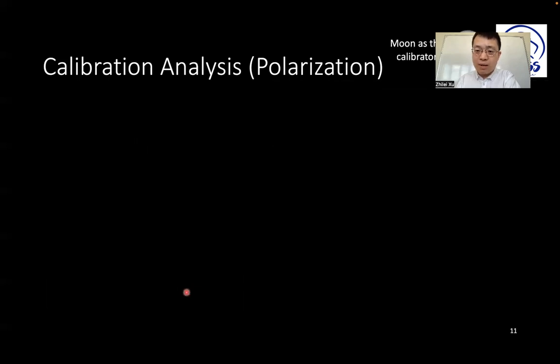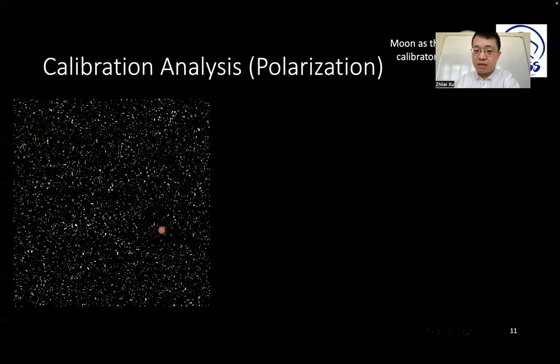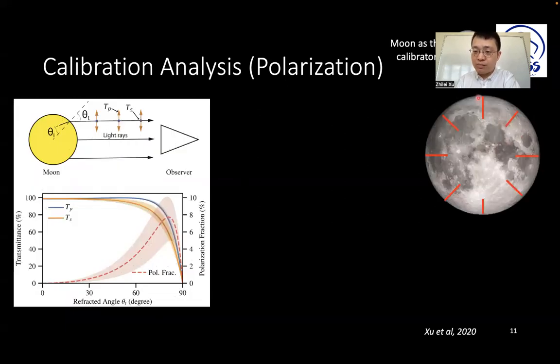So that's why we came up with this new way, also with the moon. Basically, the moon itself is not polarized, but if we look into its detailed structure, if we go to the edge of it, we see the P wave from the Fresnel equation, and the S wave, the transmission of these two waves is different. So when we go to the edge of the moon, we actually see some net polarization coming out of it in this kind of radial pattern.